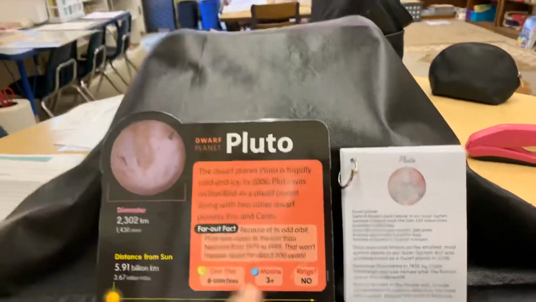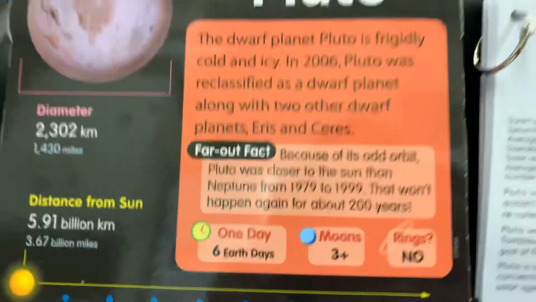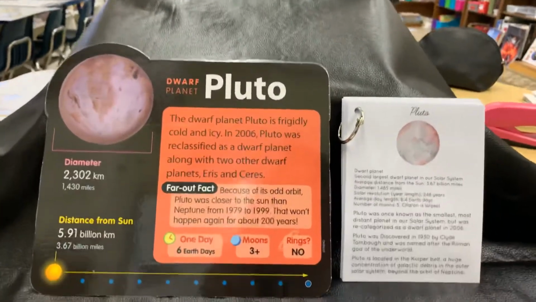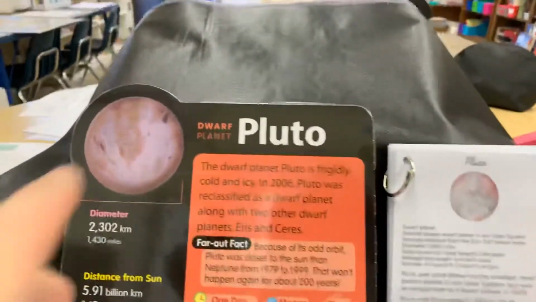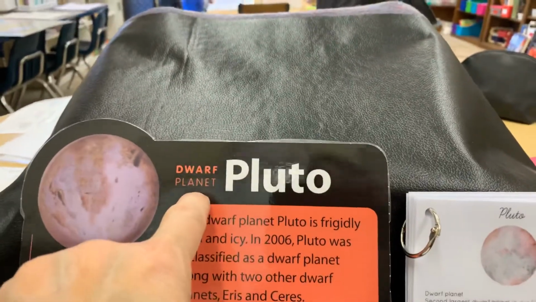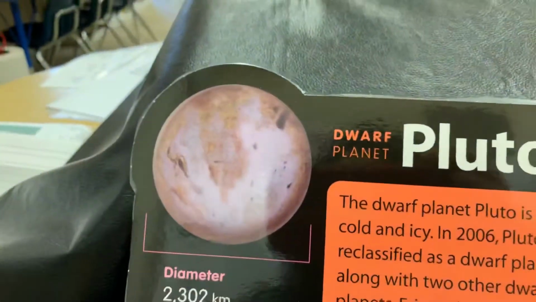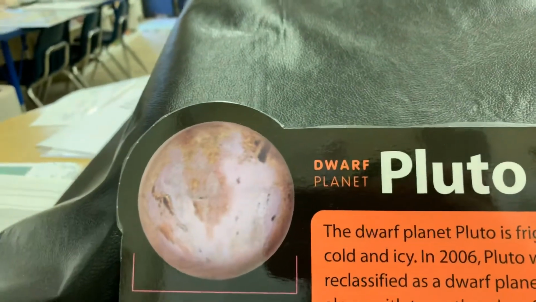So therefore, it was closer to the sun than Neptune. Don't know if anybody is going to do Pluto for a planet research. Definitely, you could say an interesting fact is that it's a dwarf planet and color it. It kind of has a pretty color. All of our planets really do.